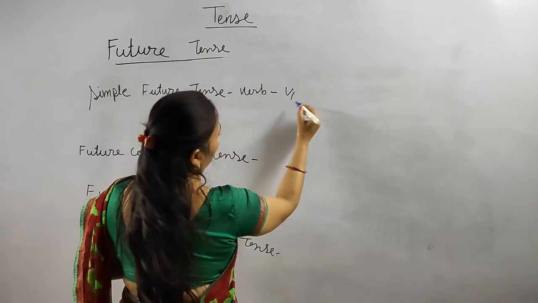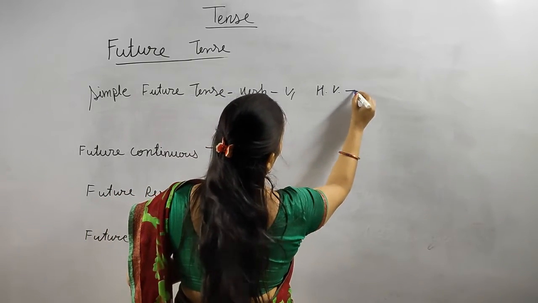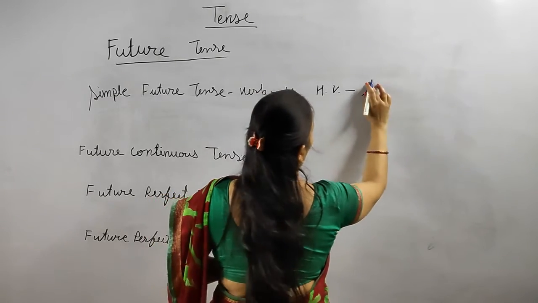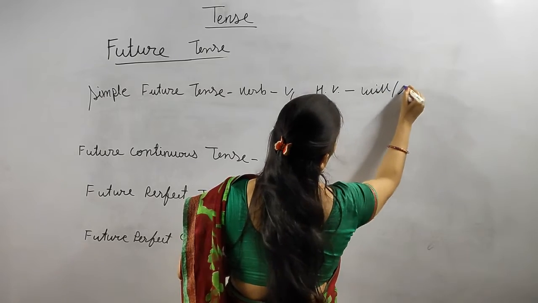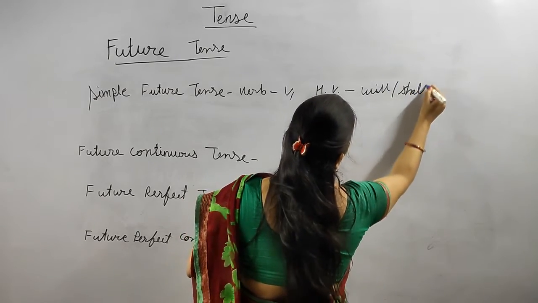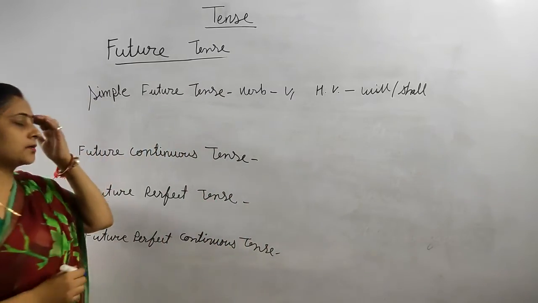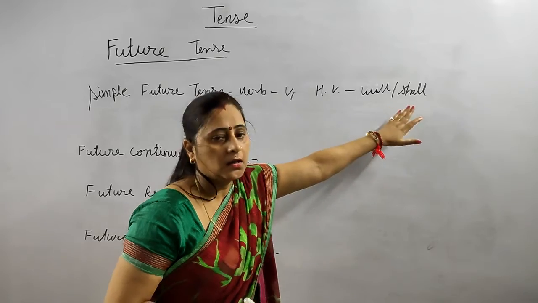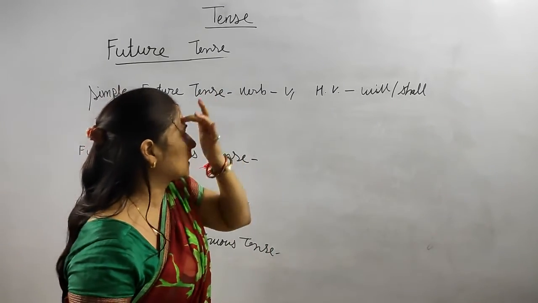First form of verb, and helping verb we will use will and shall. According to the sentence we will use will and shall in this tense, simple future tense.